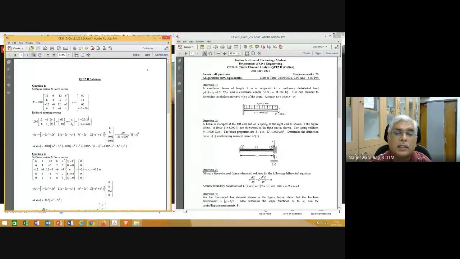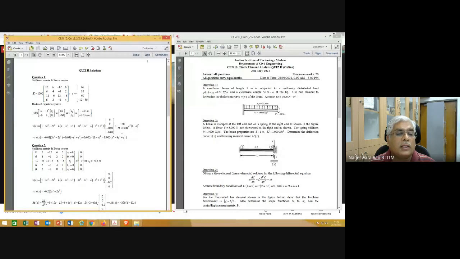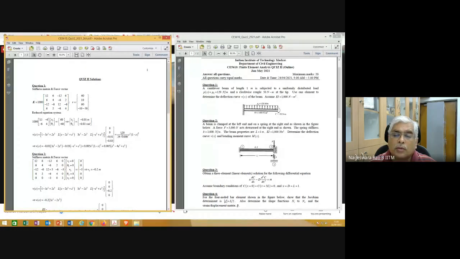Applying that boundary condition, it reduces to a 2 by 2 equation system. Once you get the unknowns, that is deflection and rotation at the free end, you can determine the deflection at any point along the length of the beam using finite element shape functions. And here there is a distributed load, so you need to apply fixed end correction. Okay, so this is the solution for question 1.